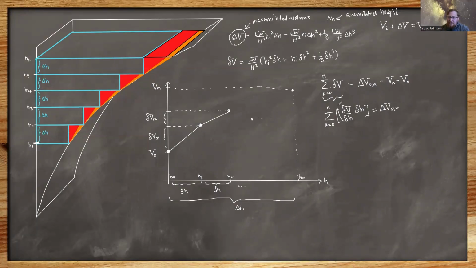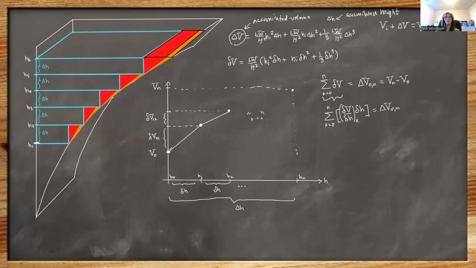Maybe a better question would be, what does this represent? What does delta V over delta H represent on this graph? That's just your slope, basically. Oh, right. It's your slope sampled at some point K.